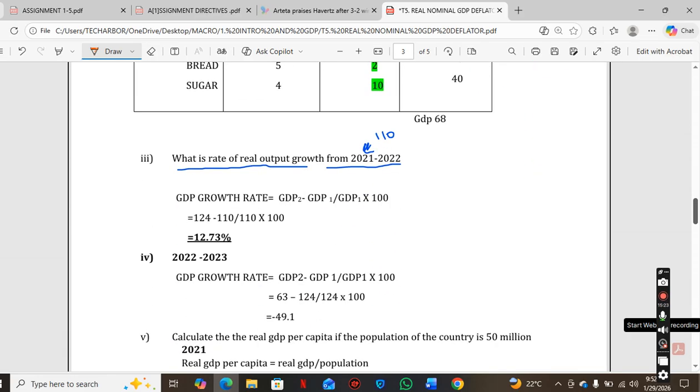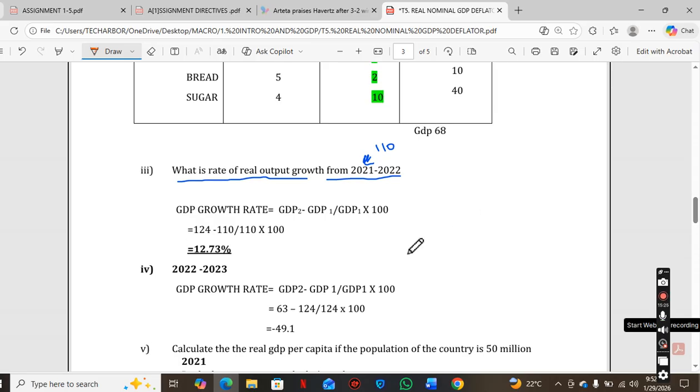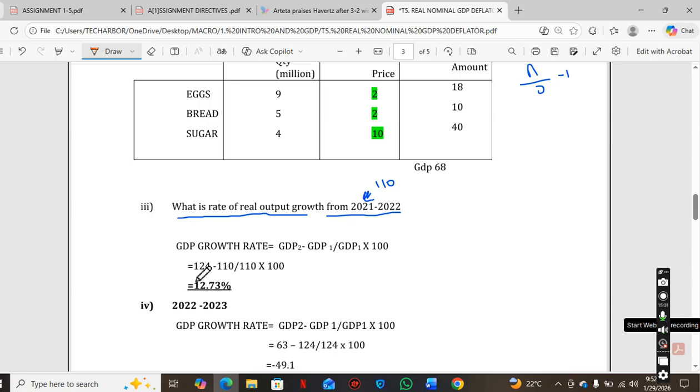I've already calculated it here: 12.73%. The GDP has grown by 12.73%. Any questions?